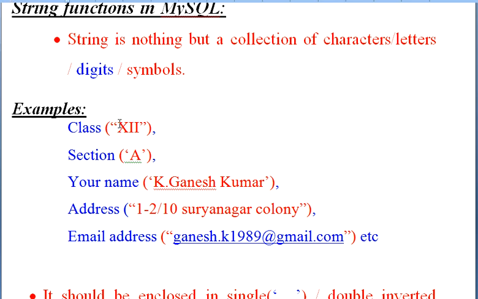Suppose you are in 11th class, you will mention it like XI. In 12th class, you will mention it like 12, right? So what you are using is nothing but a collection of characters. The first statement given is suitable to this. This could be one example of a string.